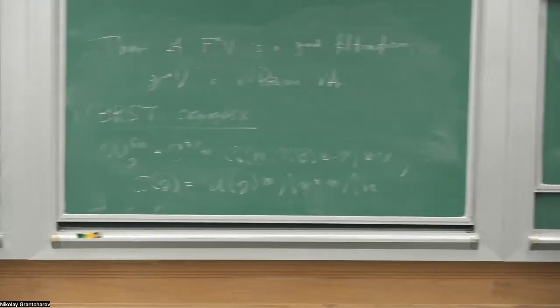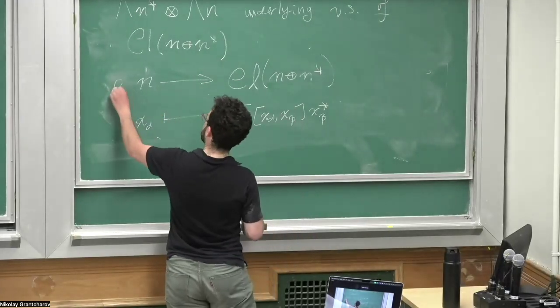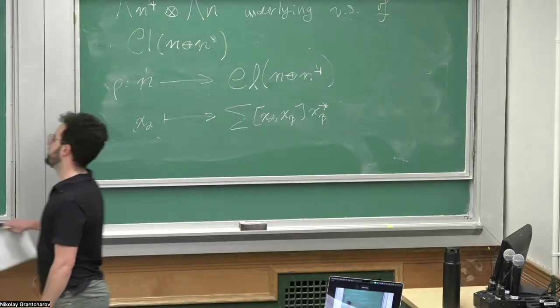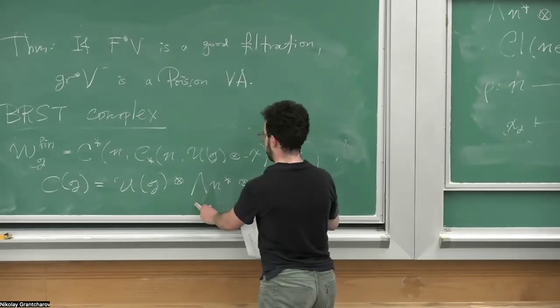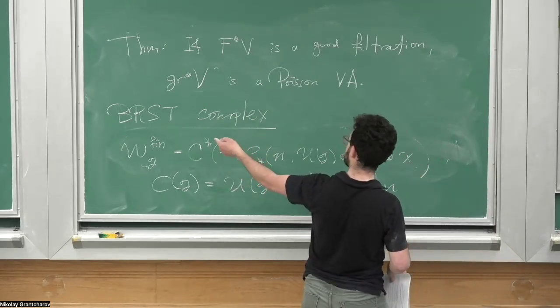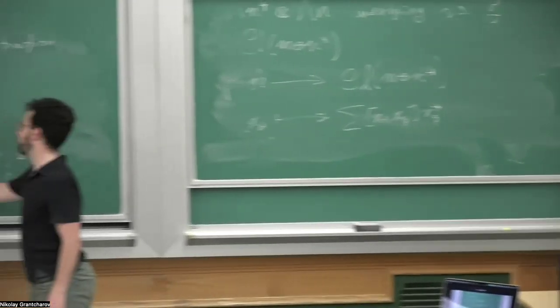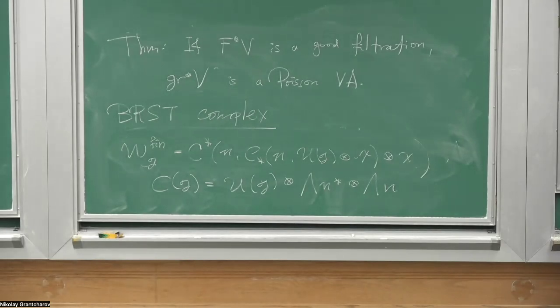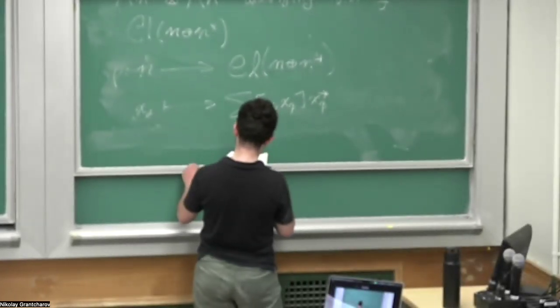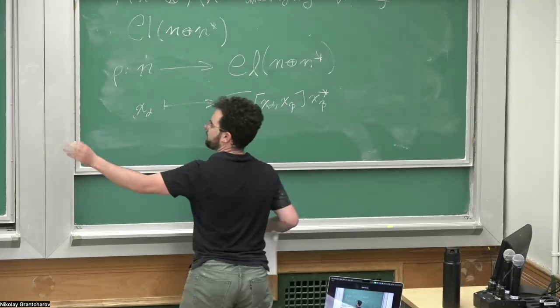So now, in this complex, what we are doing is we are trivializing the representation, and we want to identify the action of n with the action of the corresponding character. Forget about what I said.